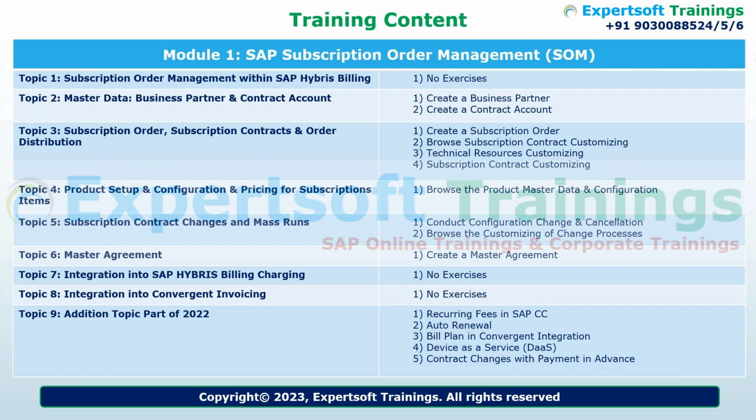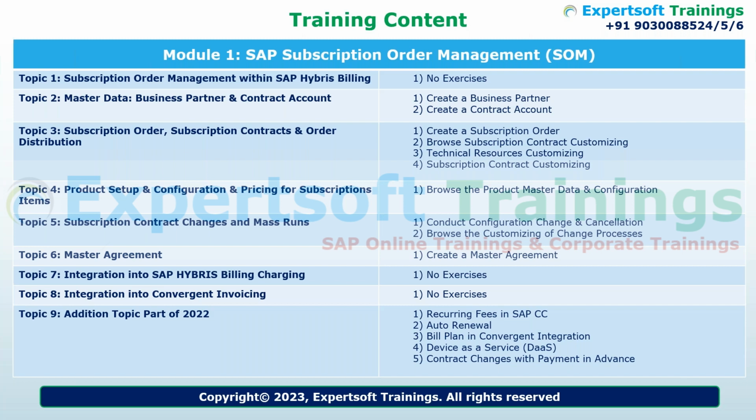We named it differently: BRIM, Billing and Revenue Innovation Management. Earlier it was called IBRIS. I would like to connect this IBRIS word so that people are very much familiar. But now the renamed version is BRIM, so don't get confused with that.